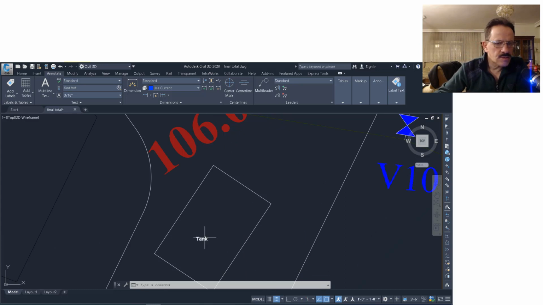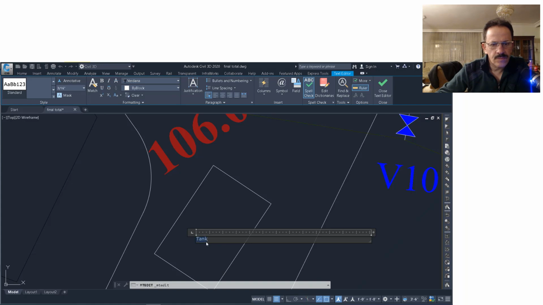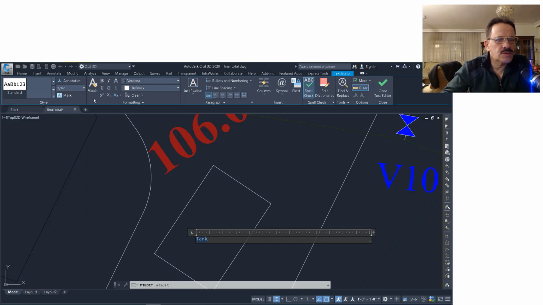By the way, this will be the elevated tank, and I will assume that I have 15 meters from the bottom, the head of the water in the tank, and so on.